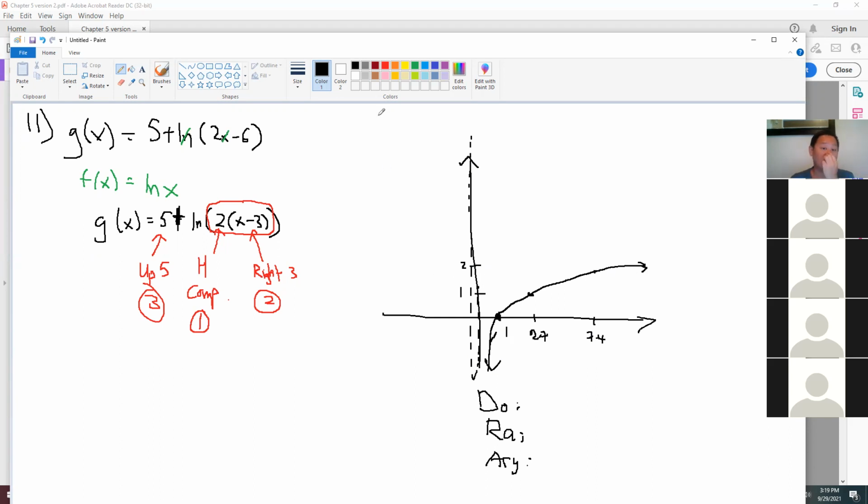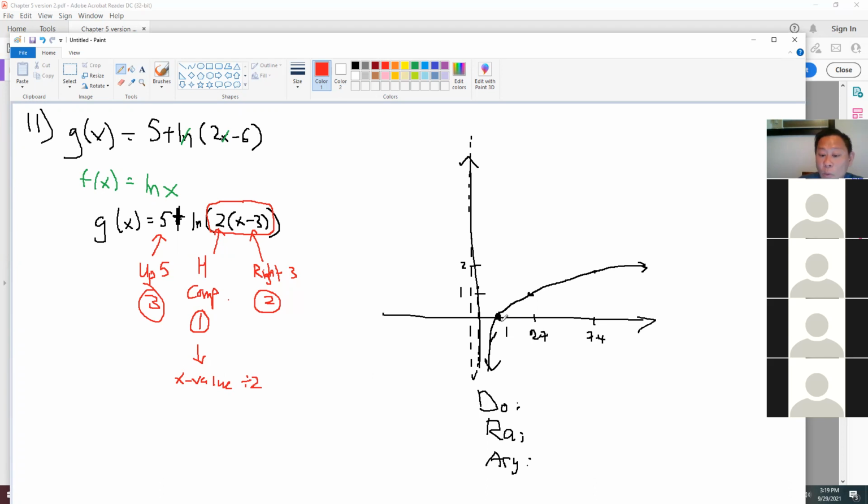So now what you need to do here is what we call a horizontal compress. When you do a horizontal compress, your x value will be divided by 2. So a horizontal compress means we divide; for a vertical stretch or compress, we multiply. In this case, all these values will be compressed into half.